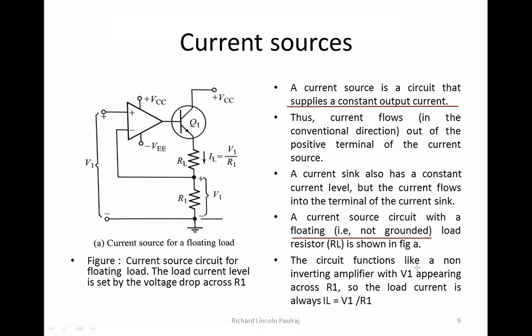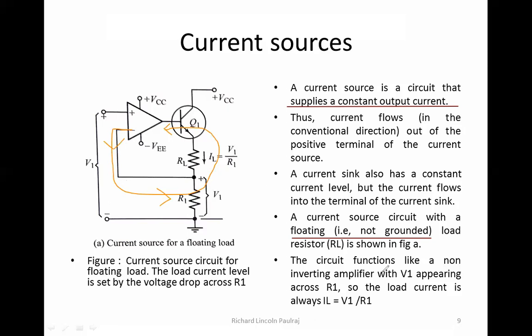The circuit functions like a non-inverting amplifier. Why is it non-inverting? Because I have my plus terminal here, and this is acting as a feedback loop. You can see that it is acting like a feedback loop.